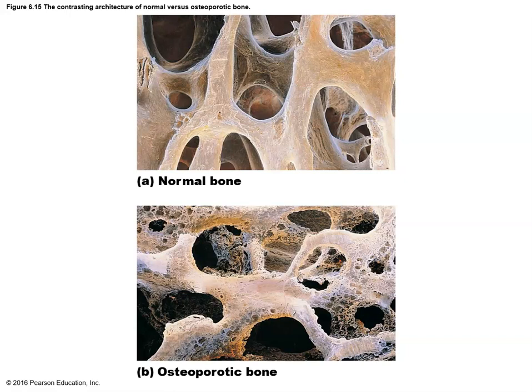When you go to the doctor and get a bone density test, they might come back and say it looks like you have osteoporosis, and basically they're measuring the density of the bone. And if the bone loses a certain amount of density, the assumption is that spongy bone is becoming extra spongy. At that point, they will suggest some things that you should do. They might give you some medications that will help to stimulate bone growth.